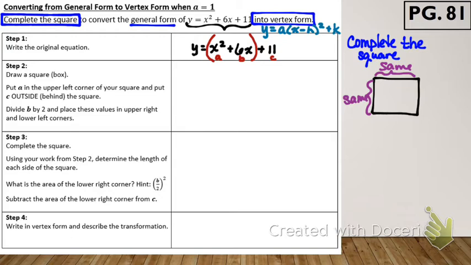And now I'm going to do my best to draw a square right down here. Should have 4 equal sides. The A value goes in the upper left corner. The C value goes outside behind the square.